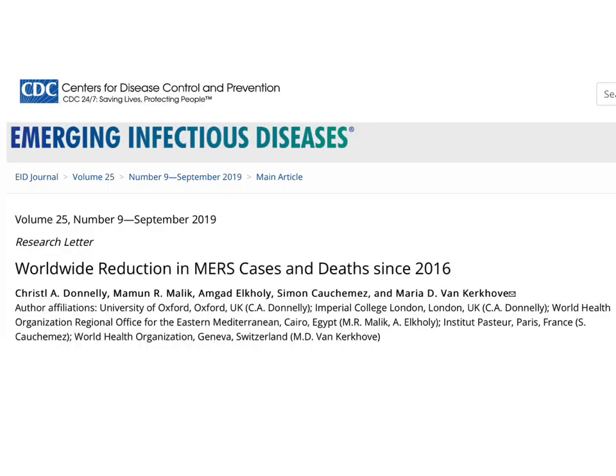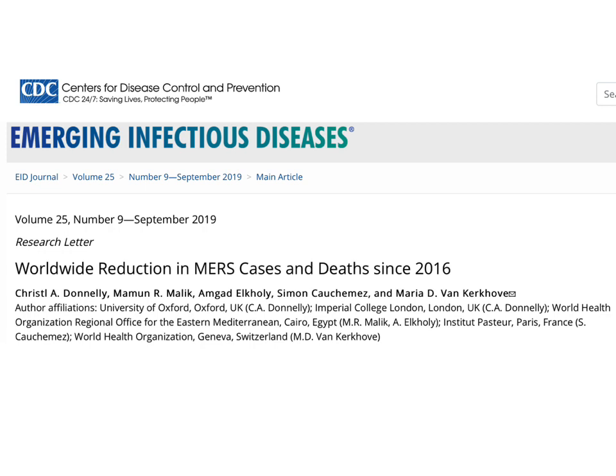Now, we're seeing a reduction in the global threat of MERS because of addressing various knowledge gaps that existed with regard to transmission, also enhancing surveillance and strengthening the ability to detect cases early and contain outbreaks through improved prevention and control measures, particularly in hospitals.